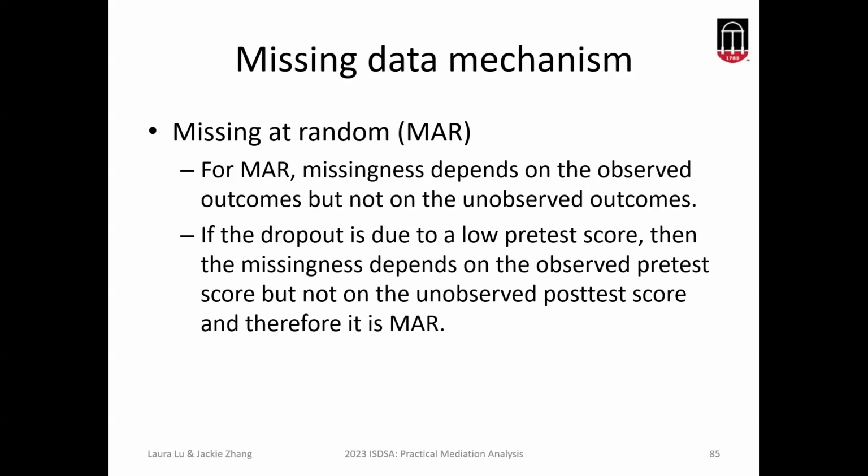The pre-test is observed, but based on the observed pre-test, that person decided to not take the post-test. So that missingness is called MAR, missing at random, because it is based on the observed information, the pre-test in this case.